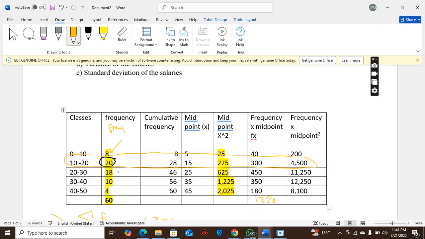Then FM plus 1, the frequency after the modal class, is 18.